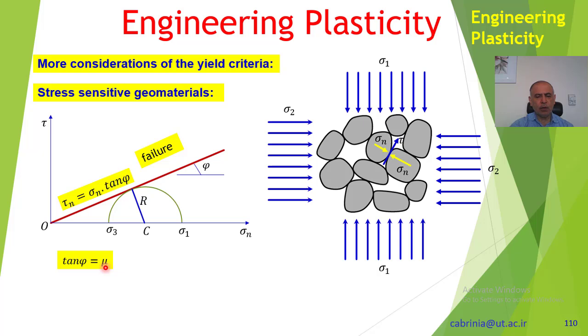Mu is the coefficient of friction, and this line shows the relationship between tau and sigma n, which is related to tangent phi, which is the coefficient of friction.